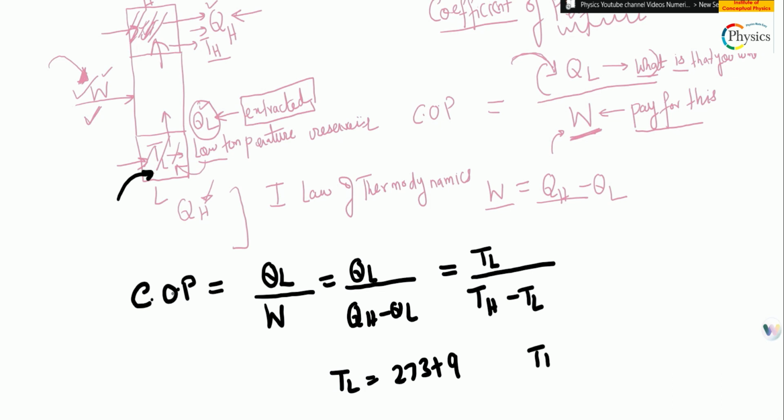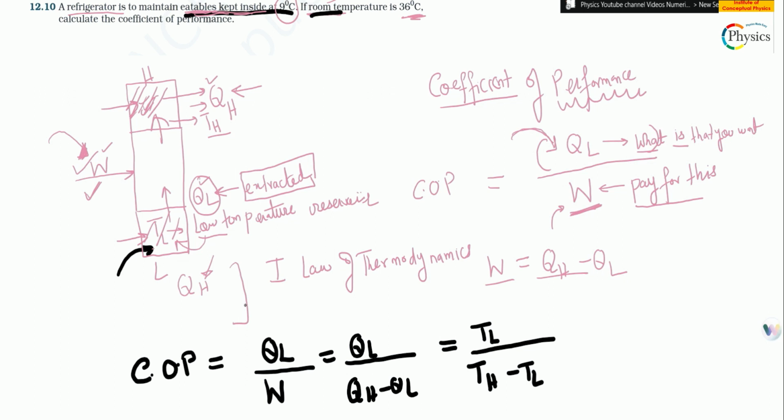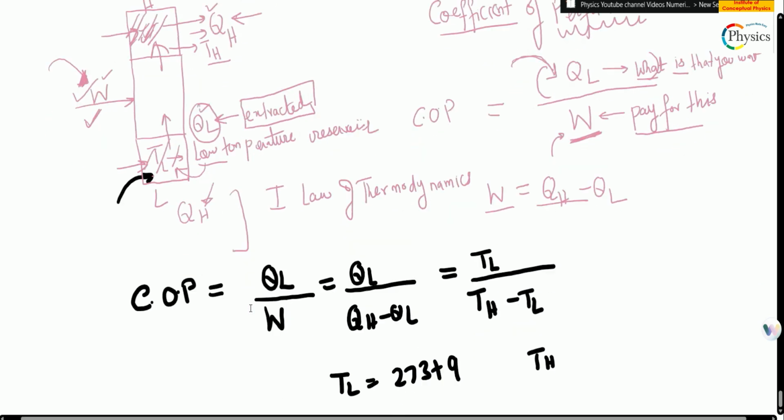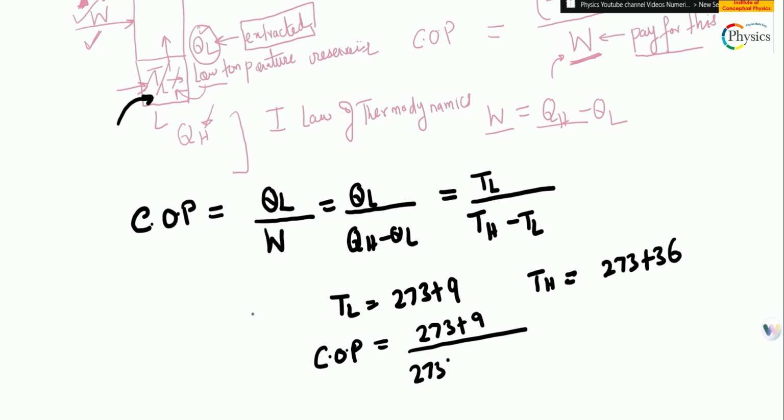The high temperature where you want to throw the heat, which is QH, to be thrown in the room. Look into the question, the room temperature, right? So this is room temperature, 36 degrees, is equal to 273 plus 36.